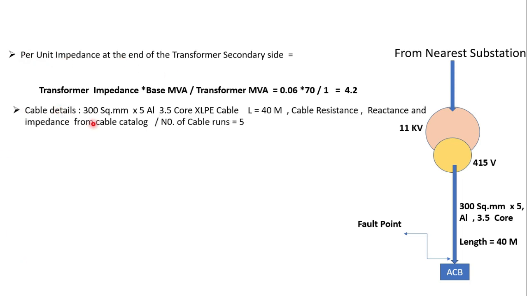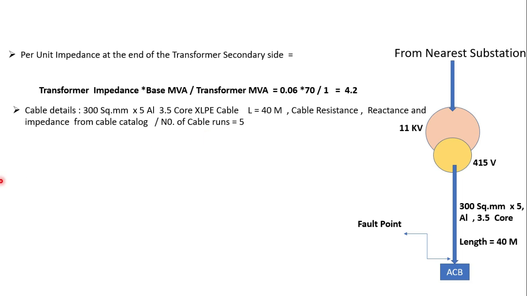Then the cable details. Now these steps we have to consider. The cable detail is 300 square mm into 5 runs, aluminium 3.5 core armoured cable, and the length is 40 meters. If we look into the cable catalog as per these specs, we will get the cable resistance, reactance and impedance from the cable catalogs.